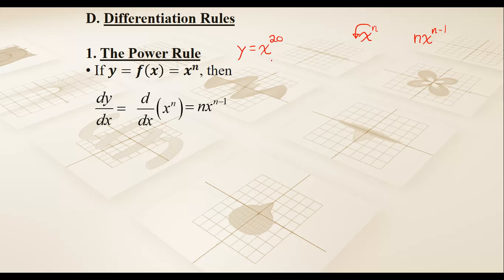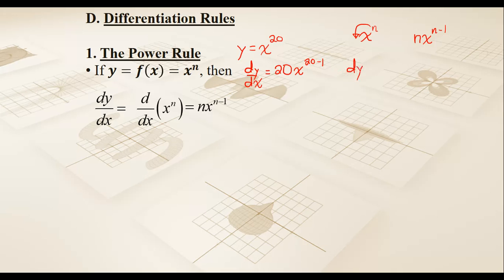So in this example, where y is x to the power of 20, if I calculate the derivative of y with respect to the variable x, this would be equal to, okay, we move the 20 down in front, so that would be 20. And then it'd be x to the power of 20 minus 1.